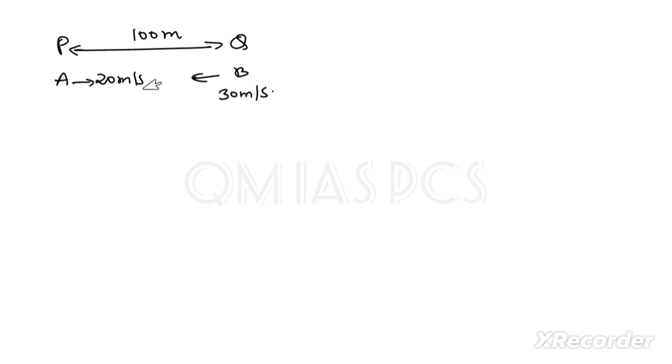One person A is moving towards Q with a speed of 20 meter per second, and another person B is moving towards P with a speed of 30 meter per second. Is it clear? Both are moving towards each other, that means opposite directions, and we have to calculate at what distance they will meet.